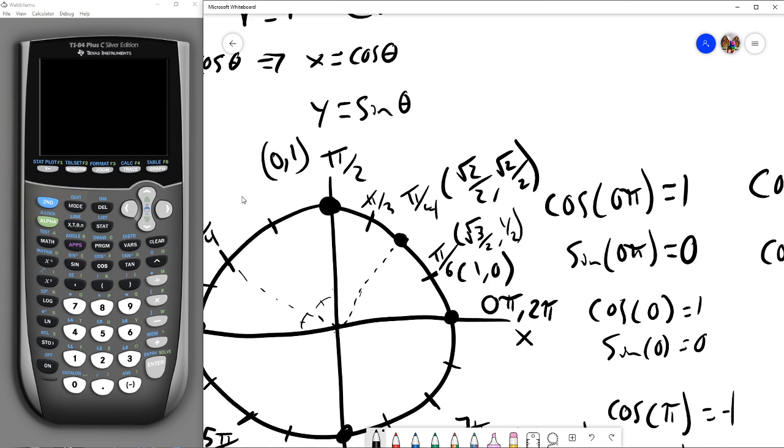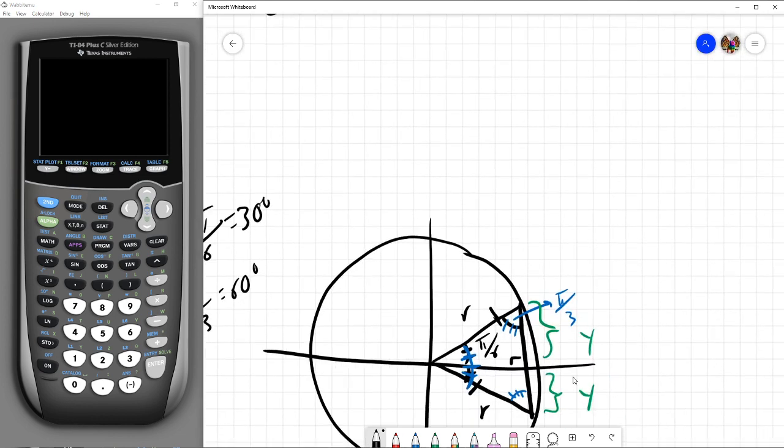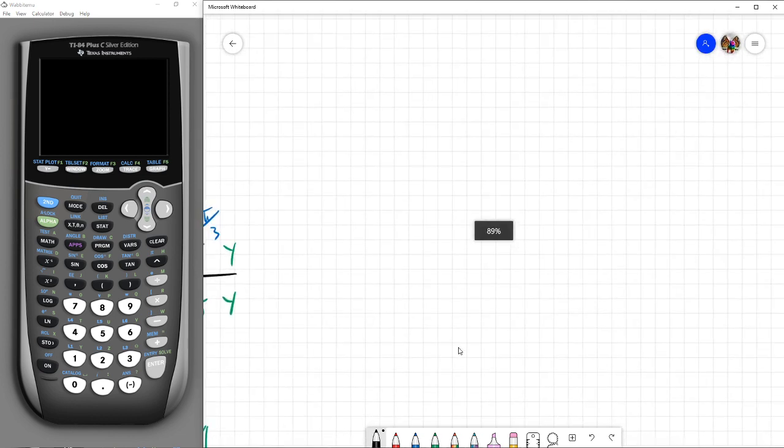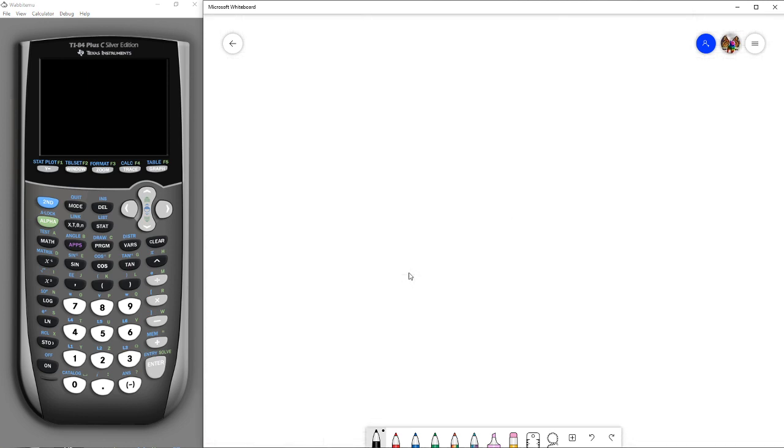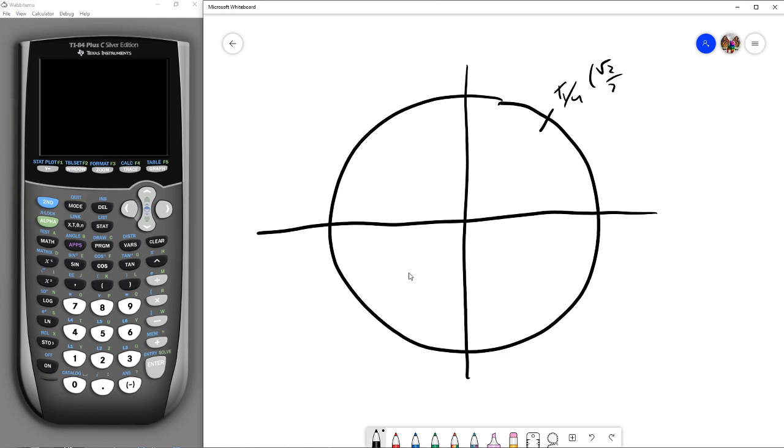I think we should probably make this bigger now. This is getting crowded. Alright, let's zoom out. That was actually a really decent circle. I'll probably never make a circle as lovely as this one. So pi over 4, we said is root 2 over 2, root 2 over 2.